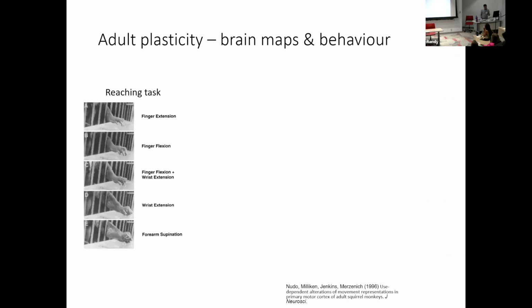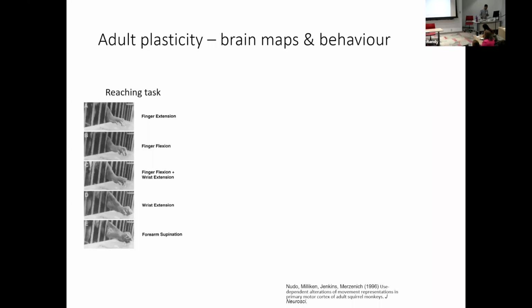I want to make a different point with this example of motor plasticity. So this is a classic study by Randy Nudo and Mike Merzenich, in which they're training monkeys to pick up a small food pellet in increasingly small food wells. So it gets more and more difficult.